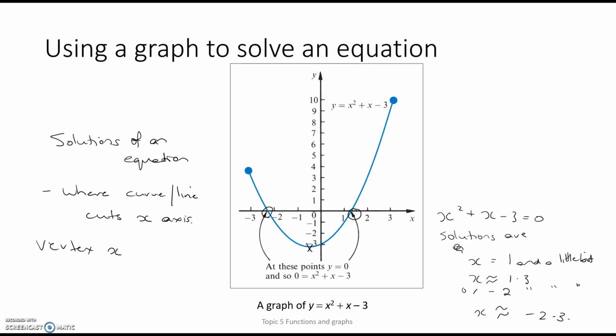So the distance between -2.3 and 1.3 is 3.6. So my distance between them is 1.8. So that's 1.8 units from -2.3, which is x is -0.5 approximately.